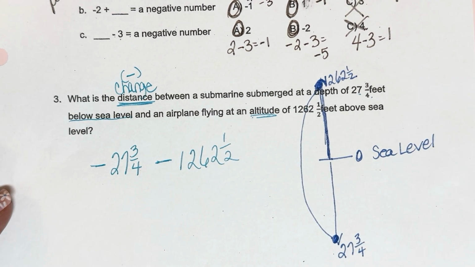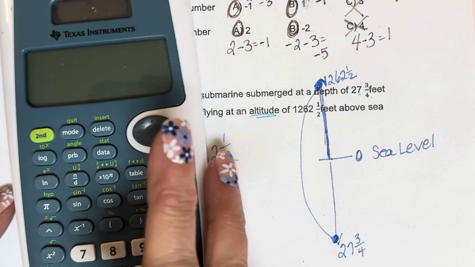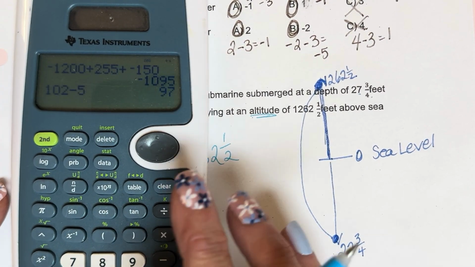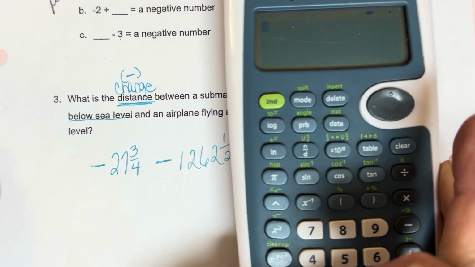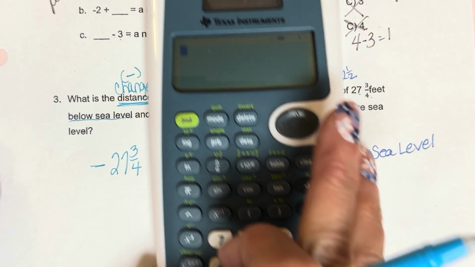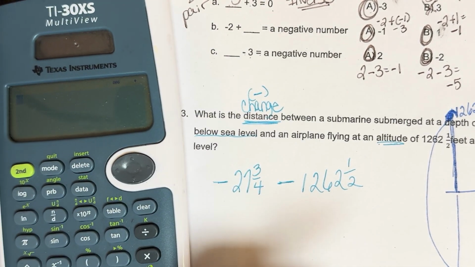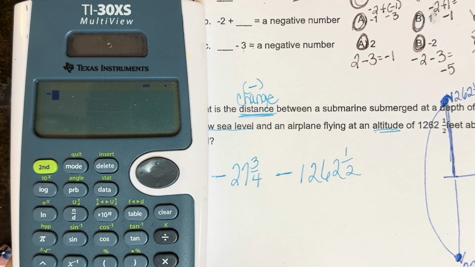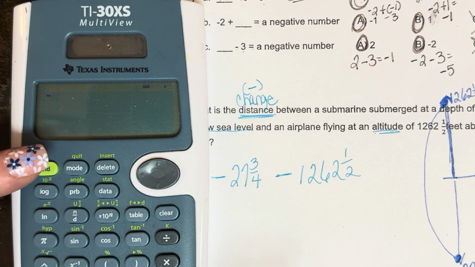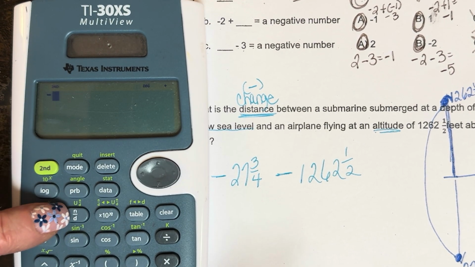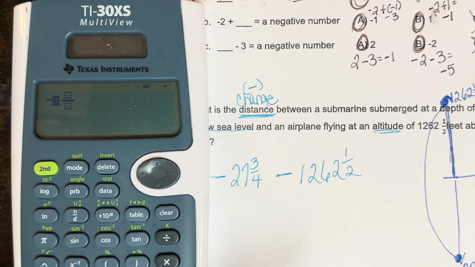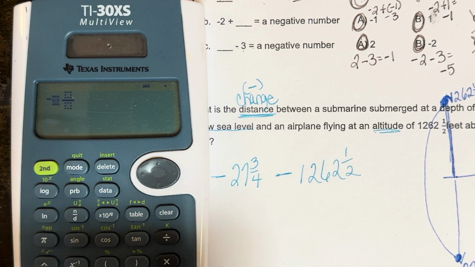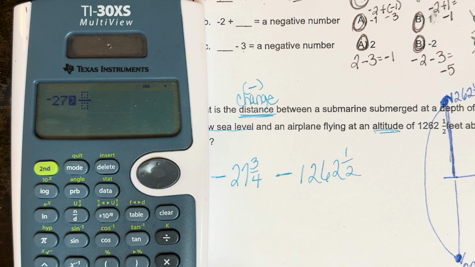Put this in the calculator. Negative. All right, now watch me put this in the calculator because this is one with the fraction, so I'll make sure you know how to do that. Negative. We're going to hit the second button and the N over D button so that we get a mixed number blinking right there. 27.